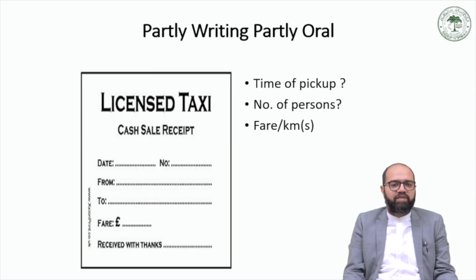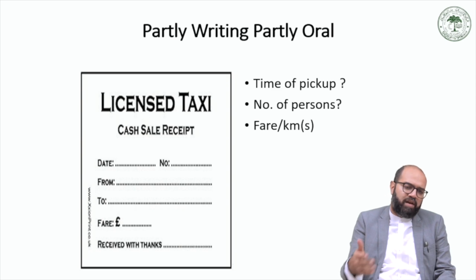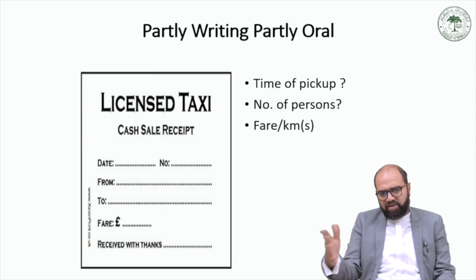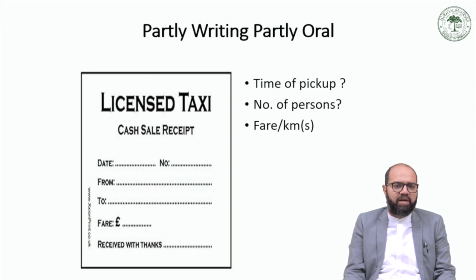The next mode is a contract being partly in writing and partly oral. If you take the example of the receipt which is being shown here, there is the date of the transport, the number of the car, the place from where the transportation shall begin, the destination where the transportation shall end, the total fare, and the signature.